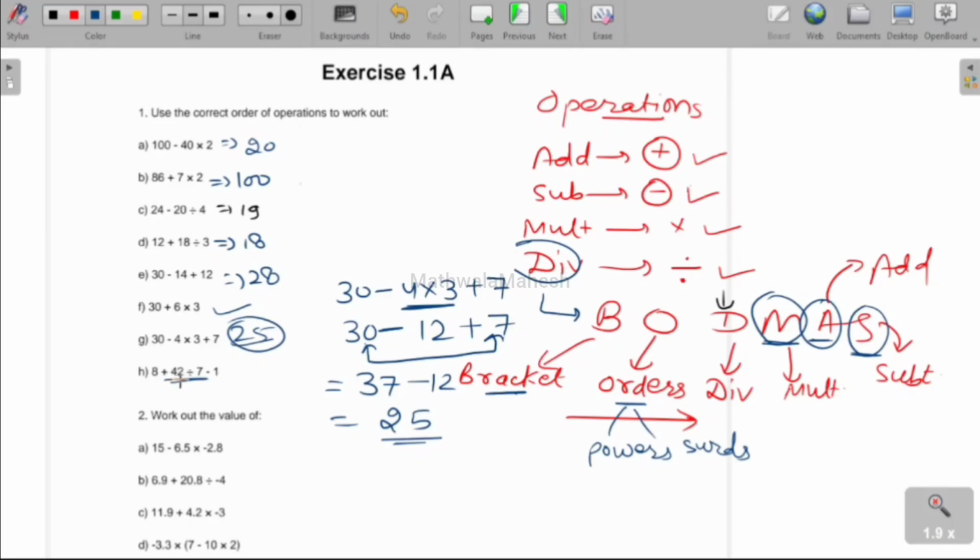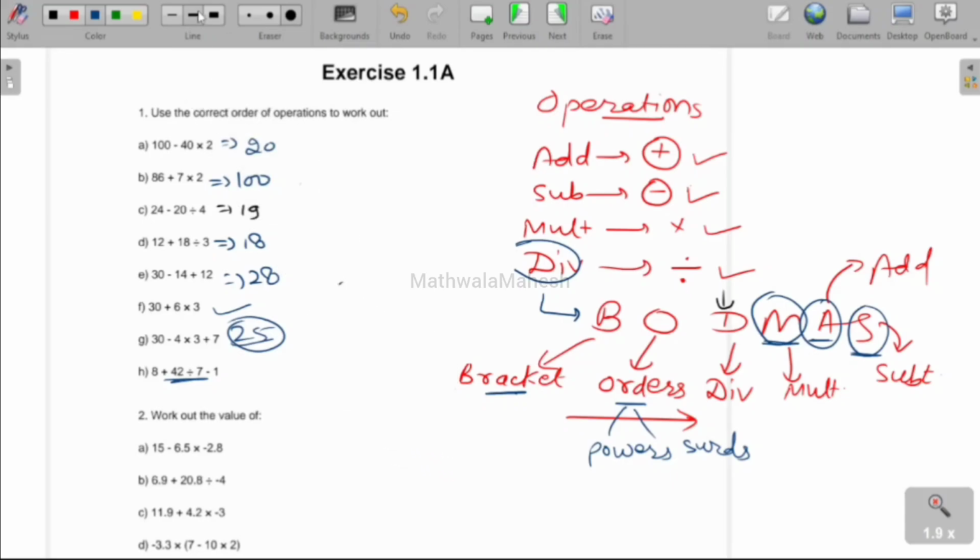And this one, 8 plus 42 divided by 7 minus 1. So first we will divide. 42 divided by 7 is 6, plus 8 and minus 1.